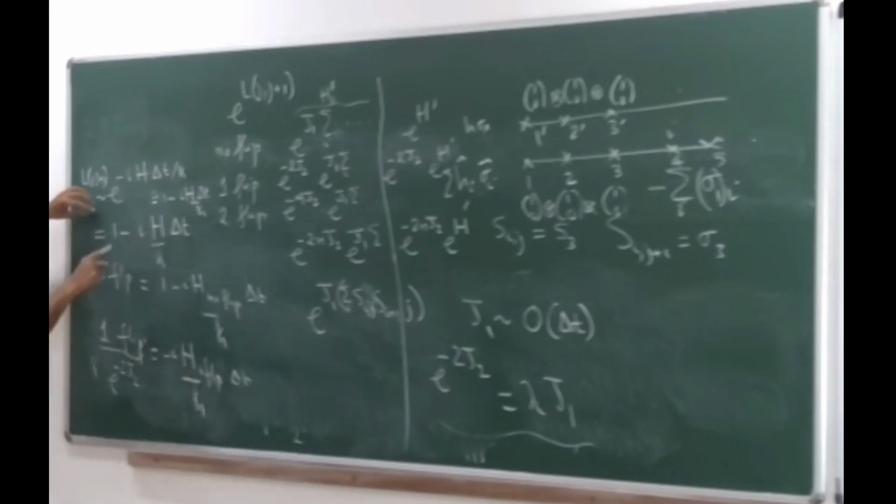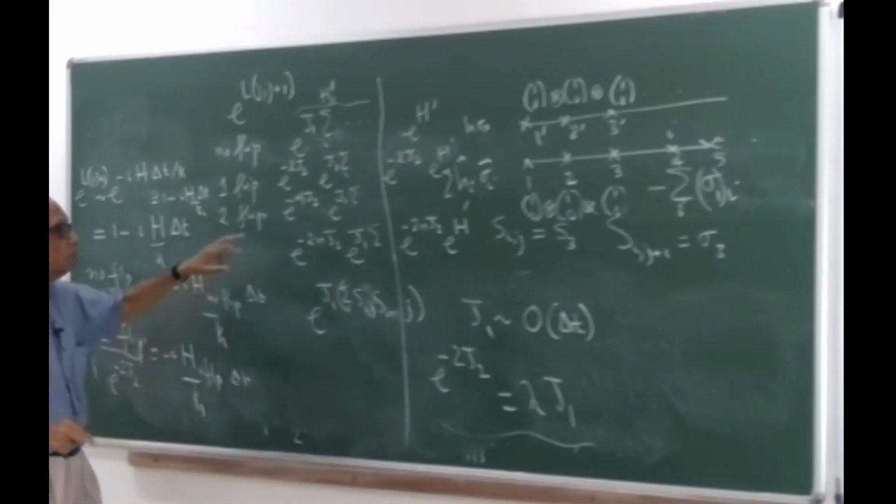From here you argue that for the one flip matrix element there is no contribution from here, and there is a contribution from here because H has to give the contribution in the one flip zone. So therefore it is of order delta t. But for this one flip, I know how much energy it costs me to make a flip.